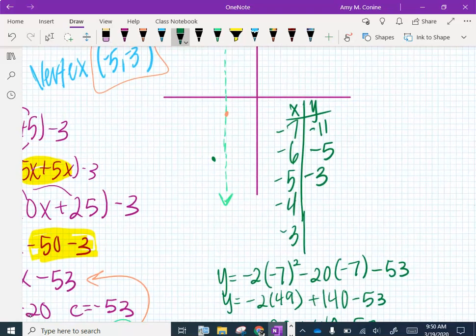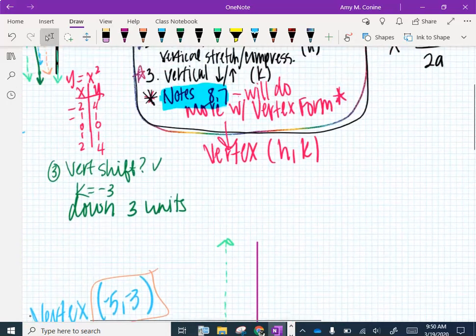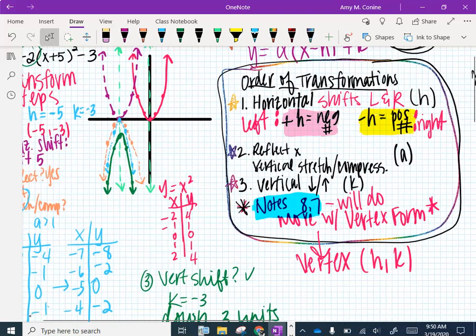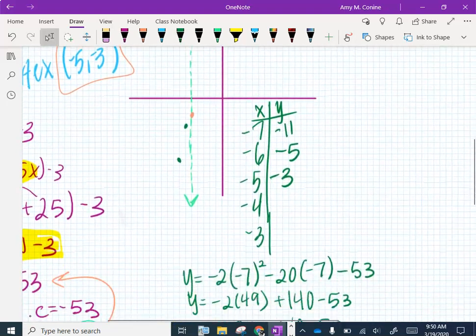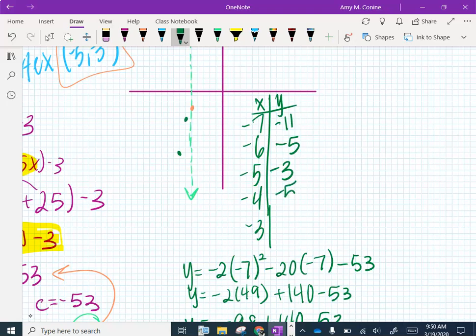So then find negative 6, 1, 2, 3, 4, 5, go down 5. I'm going to confirm that's where we are in our other graph, so we're on the right track. So let's see here, 1, 2, 3, 4, 5, we're good. And they should mirror each other. So when you do the algebra for negative 4 and negative 3, you should get those same exact numbers.